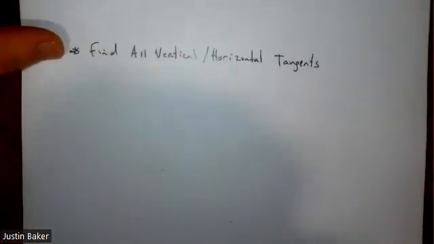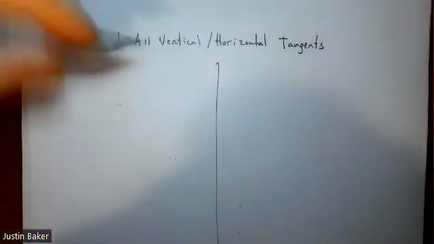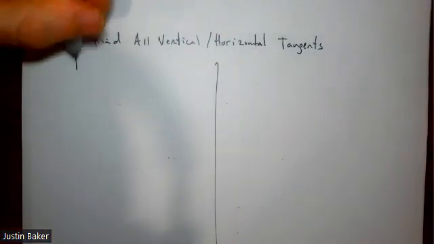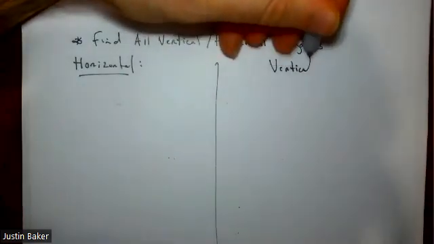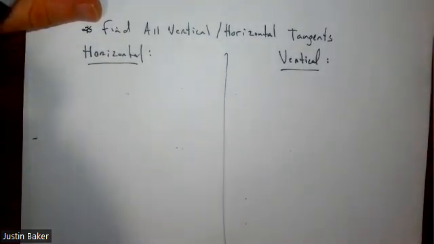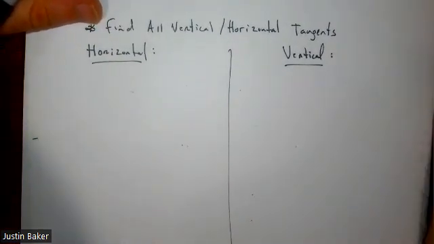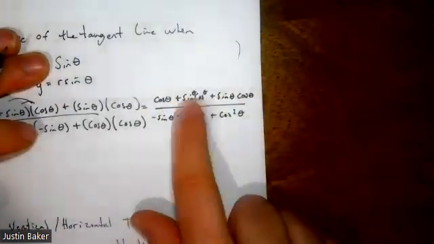All right, so to wrap up tonight, this is for the same problem. Find all vertical and horizontal tangents. So we'll say the horizontal over here, and then the vertical over here. We've got to do some trig stuff whenever we're going through this. So horizontal tangents means to set the top of the derivative equal to 0. And when you see what I came up with over here, this is going to be important now.